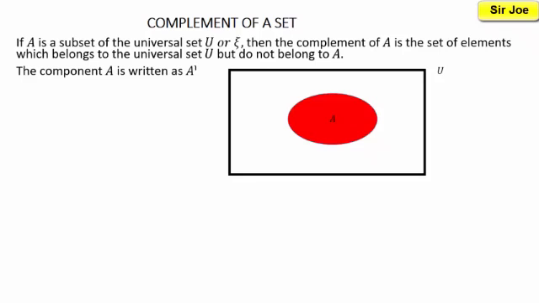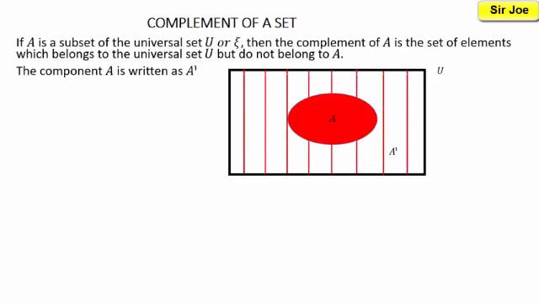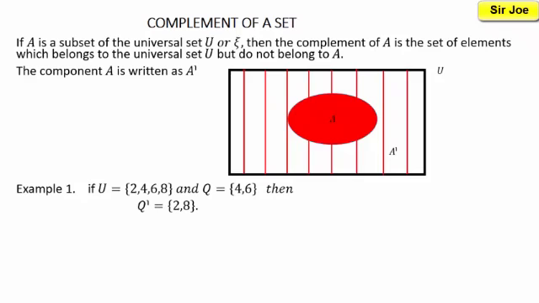So the elements of set A are the ones in red. Now, apart from that, all the space outside set A in the rectangle, the one I've shaded with red lines, becomes A complement. I hope you understand this one. Let's take an example and you will understand very well.